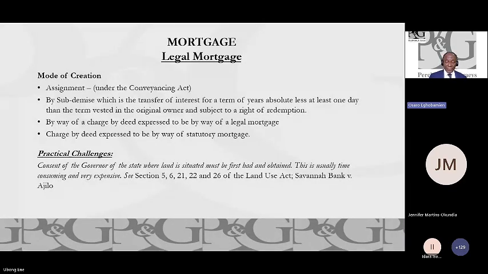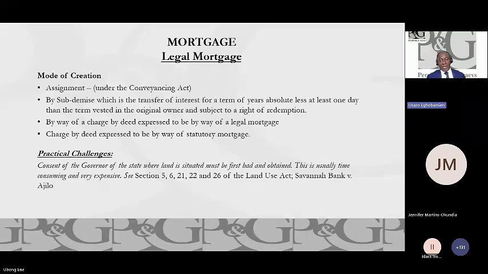But in Nigeria, the consequence of taking an equitable mortgage, particularly where there is no consent, was interpreted in the case which we all know, Savannah Bank and Ajilo, that the entire transaction was void. Now, that is a very serious matter for any bank. The borrower and the lender are proceeding under the erroneous assumption that it has a legal mortgage, but it turns out that, not having obtained consent, the court says it's an equitable mortgage.